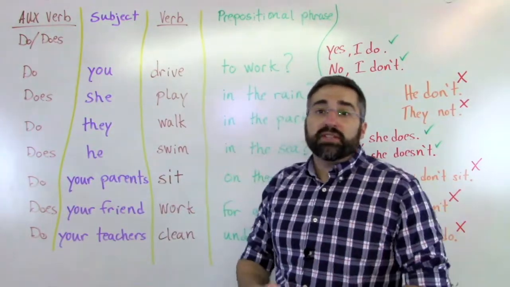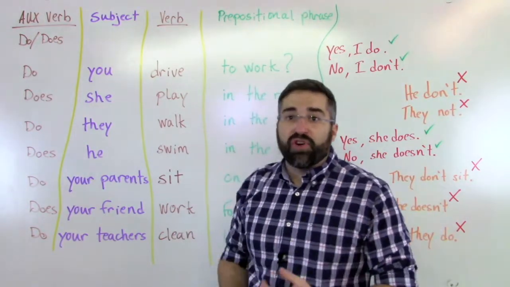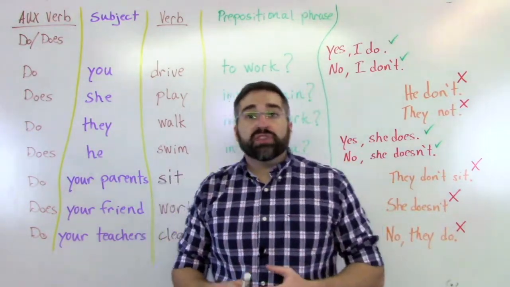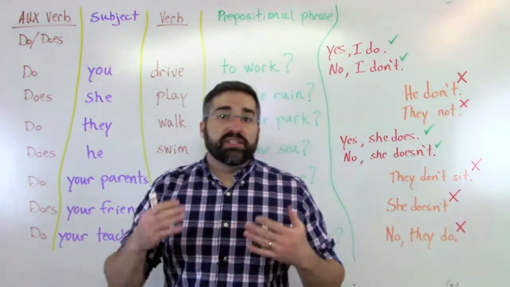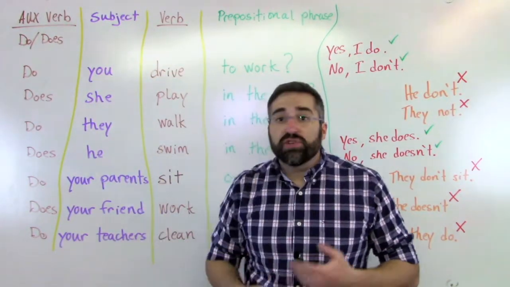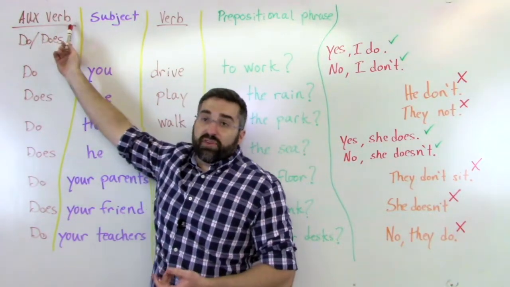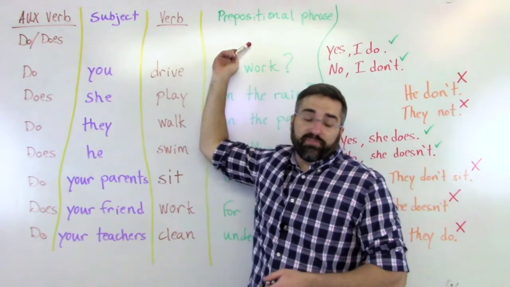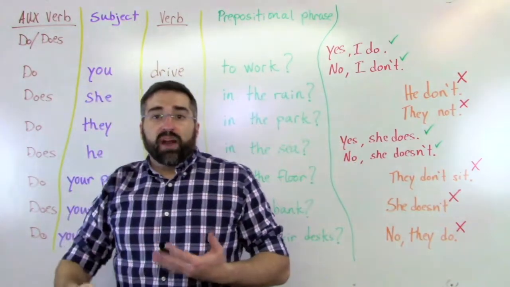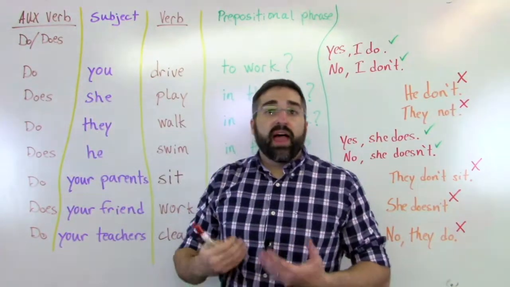Okay, so let's look at some questions and how to make questions with the verb do. You can see on the board behind me that I have some different words to use with do, specifically up here: auxiliary verb, subject, verb, and prepositional phrase. Our auxiliary verb is what we can call a helping verb.